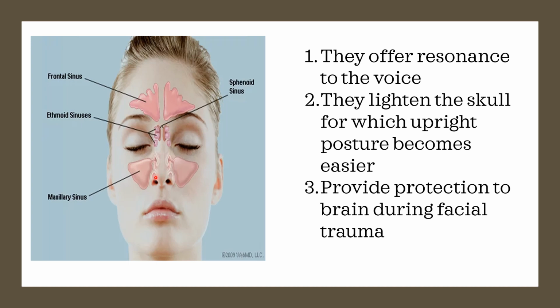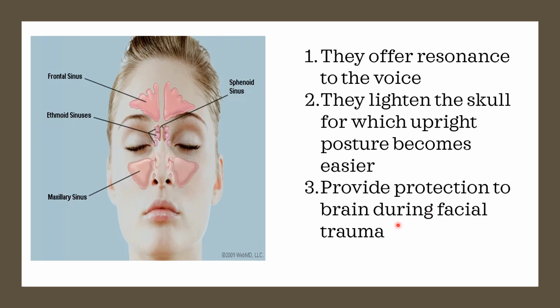So they have three major functions. They offer resonance to the voice. They lighten the skull, for which upright posture becomes easier. How do they lighten it? Because they are air-filled cavities, they trap air and help to lighten the skull. And they also provide protection to the brain during facial trauma.